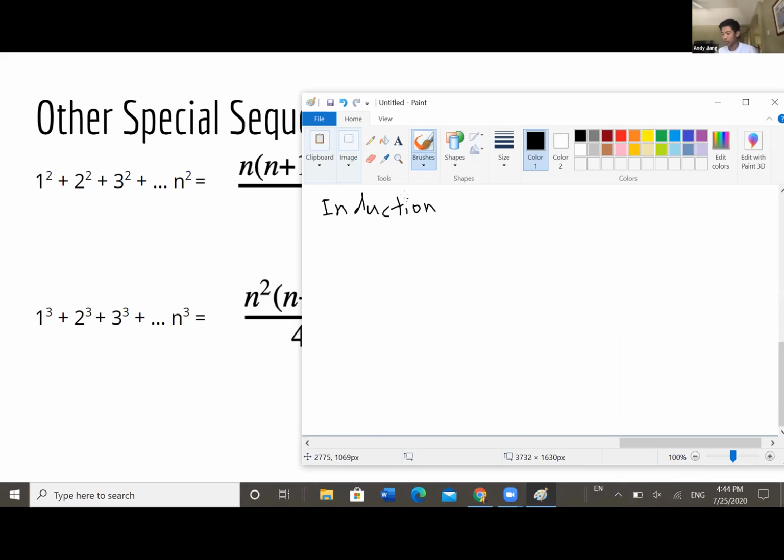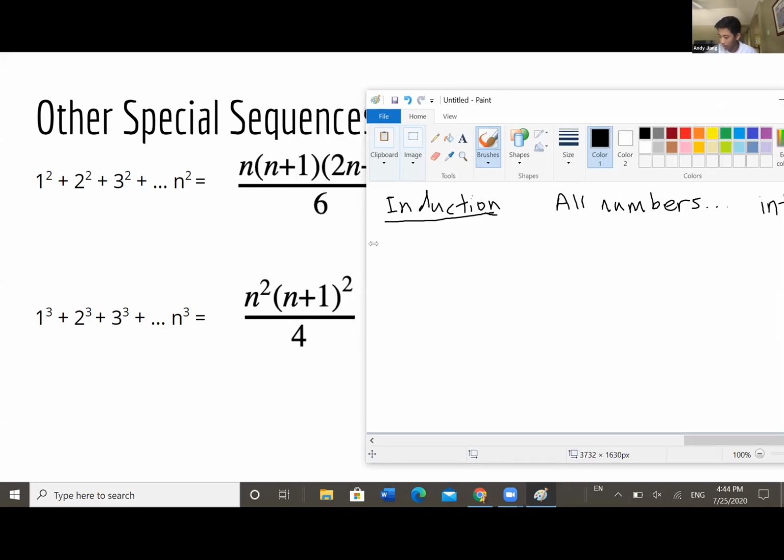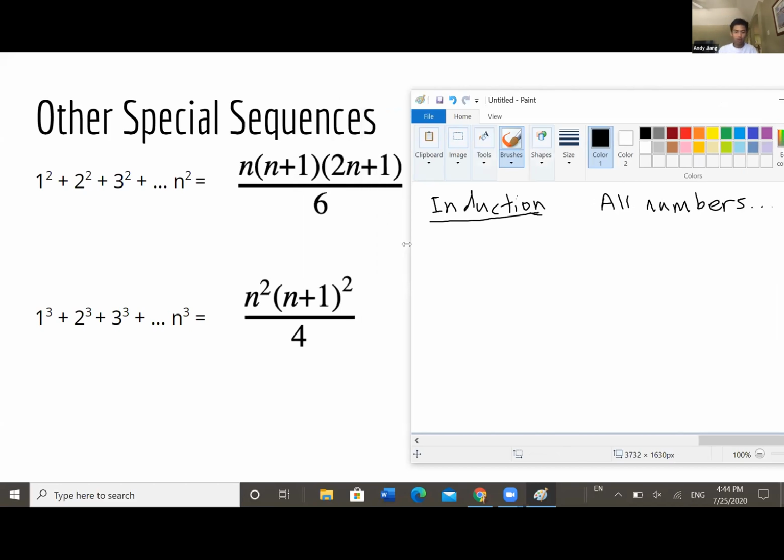Okay, so induction works when you're proving a statement about all numbers, and all of these numbers are, I'll just say integers. So I'm proving a statement, this one specifically on the left, about all natural numbers n. So all numbers n, this statement should work for it.